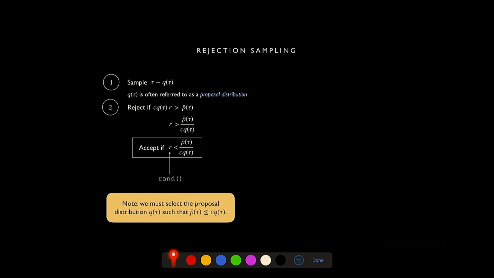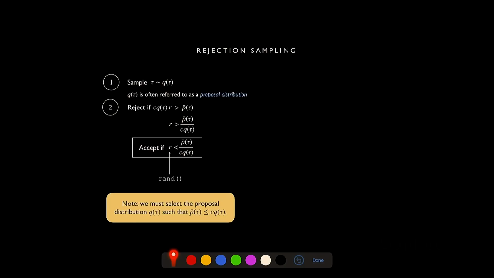This should probably also note that our target density we're trying to sample from is always less than or equal to C times Q of tau. Yeah. So I think previously in the board analogy, the distribution that we sampled tau from was not necessarily the height of the board that we used, but in this case they're the same.